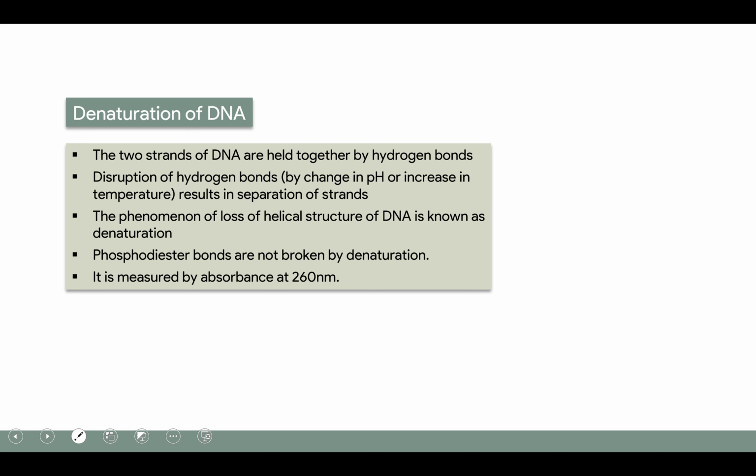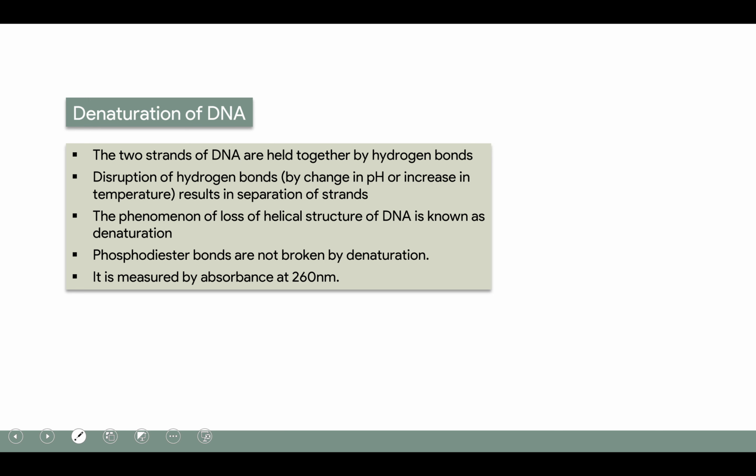Now coming to the important part of DNA, that is DNA denaturation. During DNA isolation in the laboratory, we separate the 2 DNA helical strands. For that, the first step is the denaturation of DNA once the DNA has been separated from other cell organelles.